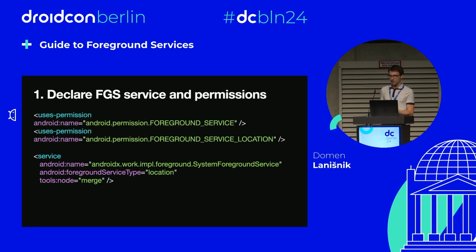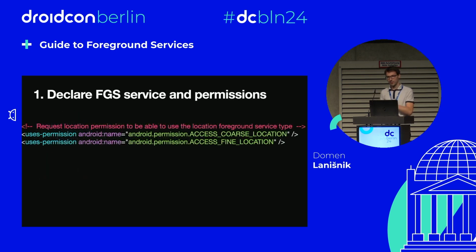Then, just like with the foreground services, you need to define the permissions. And again, because we're using location, we also need to define the location permissions, and also later request them at runtime before starting the worker.